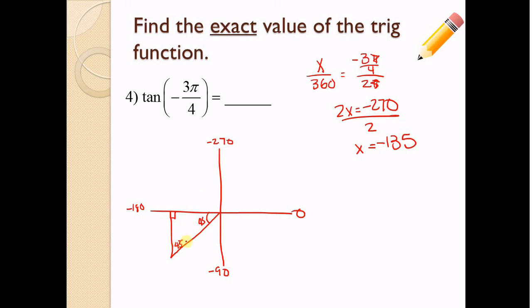So I got 45 right here. I went left and down. So I'm going to have a negative 1 and a negative 1 there. Square root of 2 there. Tangent. So opposite over adjacent. So negative 1 over negative 1, which is just 1 for my answer.